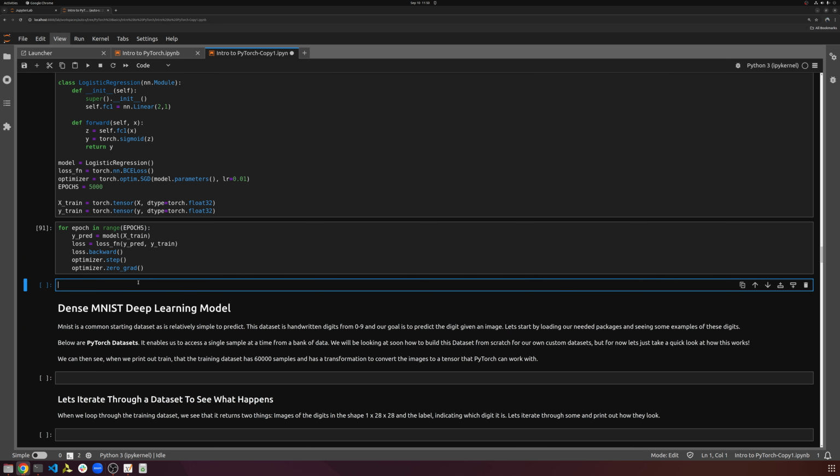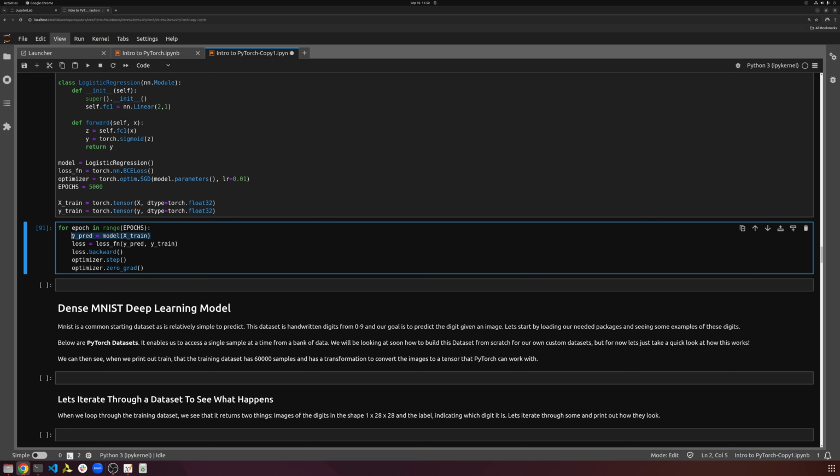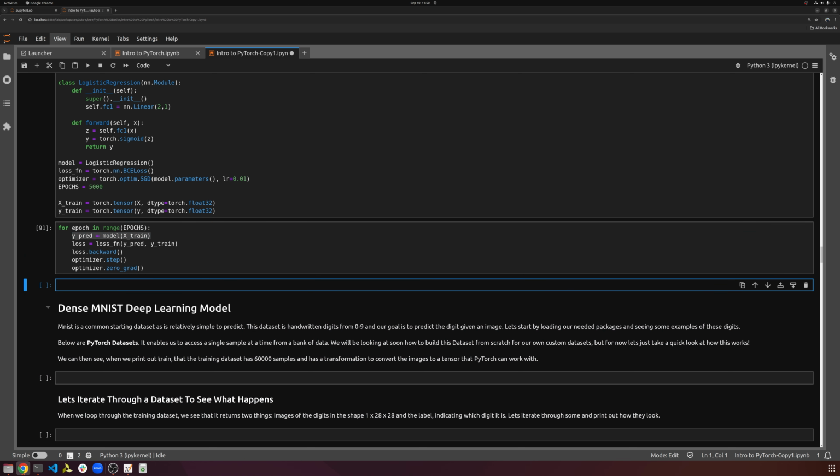So how do we find out our model's accuracy? What we can do is y_pred, let's call this y_final_pred, is equal to model(X_train). Now, one thing to keep in mind is that in this case, we're just inferencing the model. We're not training it.